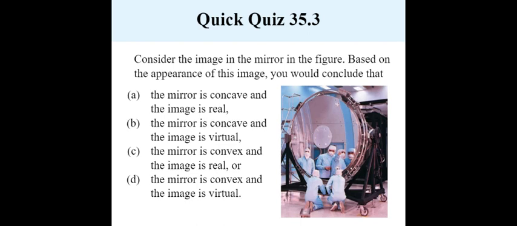In other words, this means that the image is magnified. And if the image is virtual and it's magnified, the only mirror that does this is the concave mirror. Convex mirrors tend to make the image smaller. Concave ones, when they create a virtual image, make it bigger.